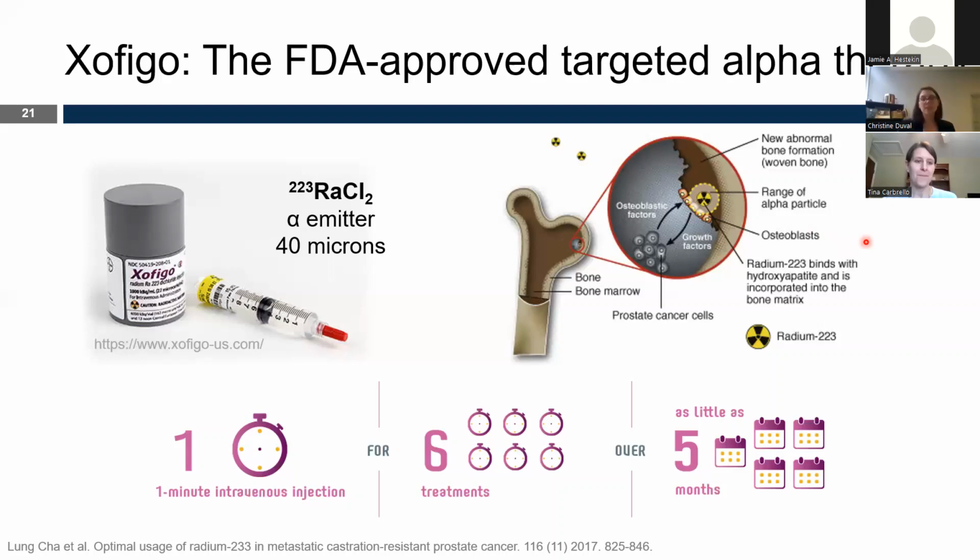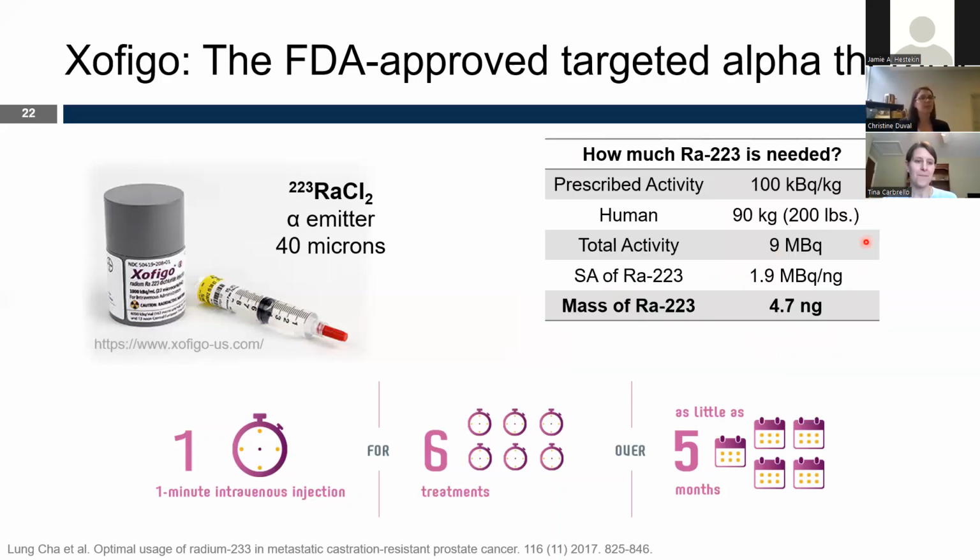And so to put this in perspective, because radiopharmaceuticals, I think the field operates on a very different scale. We think about how much radium-223 is needed for a specific dose to be administered, right? We can look at doses are prescribed in terms of radioactivity per mass of the patient.